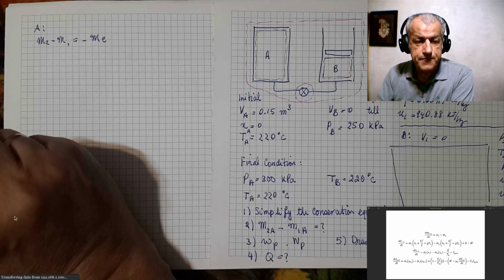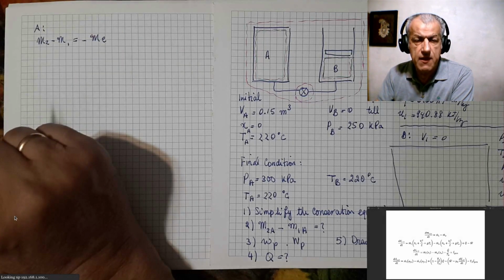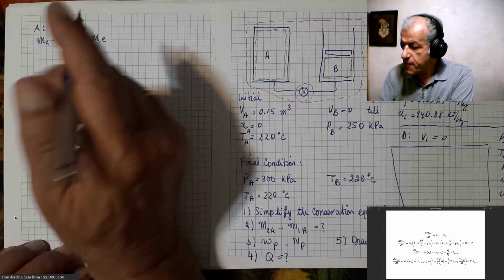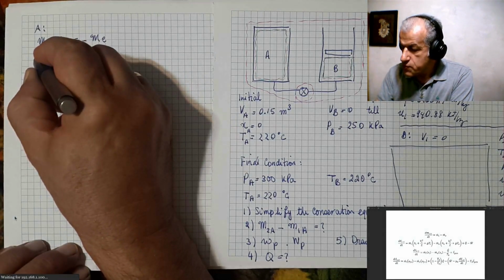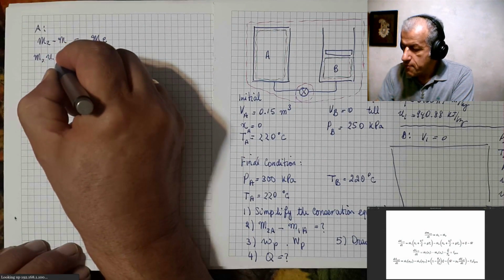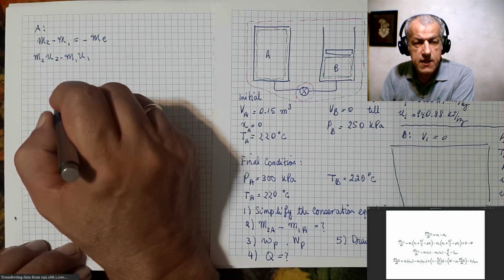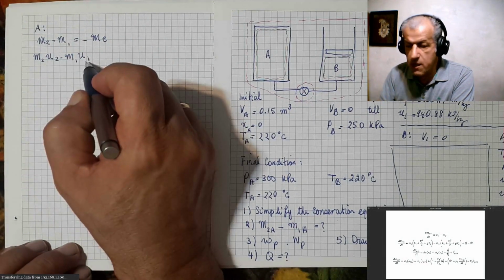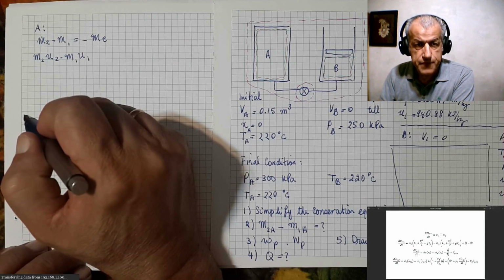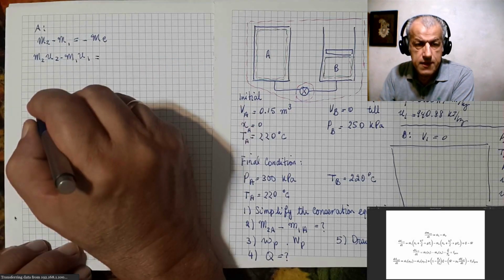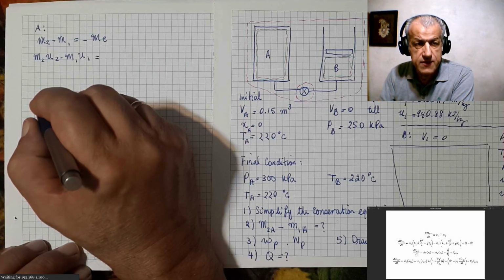Next is the energy conservation. Ignoring all the effects of change in velocity and height and elevation, which we can do in this problem, it ends up with M2 U2 minus M1 U1, and that is the change of energy, the final energy minus the initial energy, equals the energy that enters with the mass that enters.